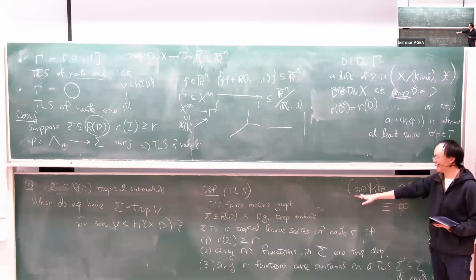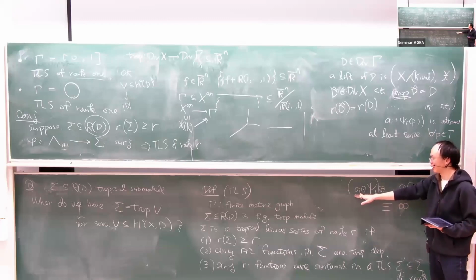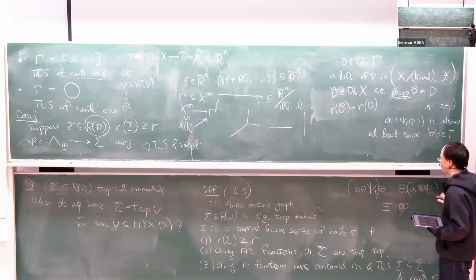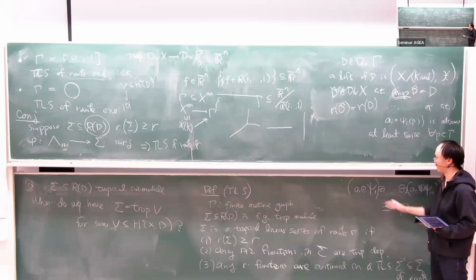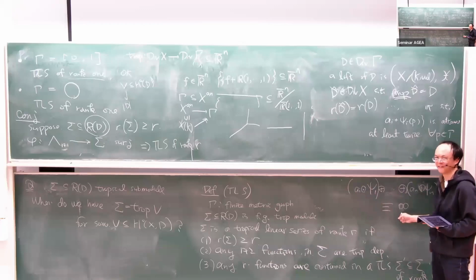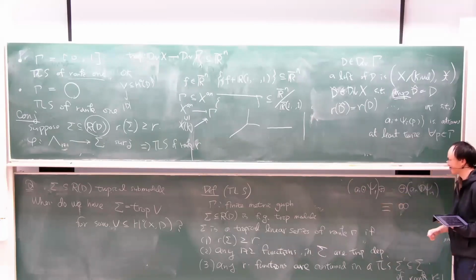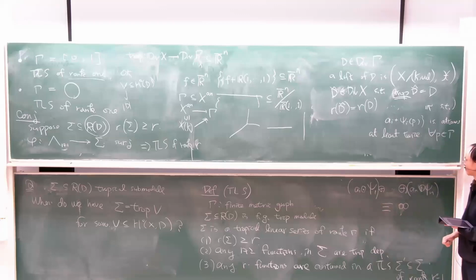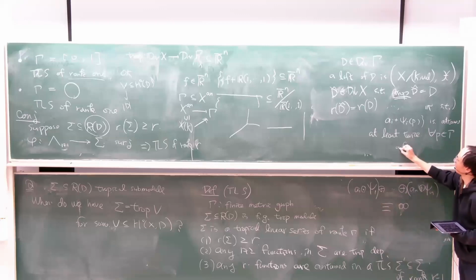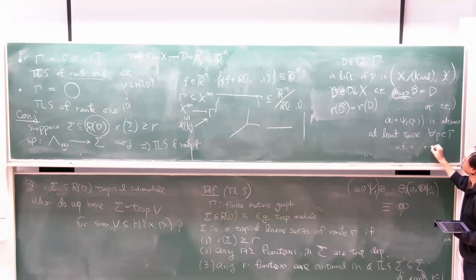Then you rarely have any linear combination which is equal to infinity. If you have the actual linearly dependent series coming from an actual curve and you tropicalize, what will you get?